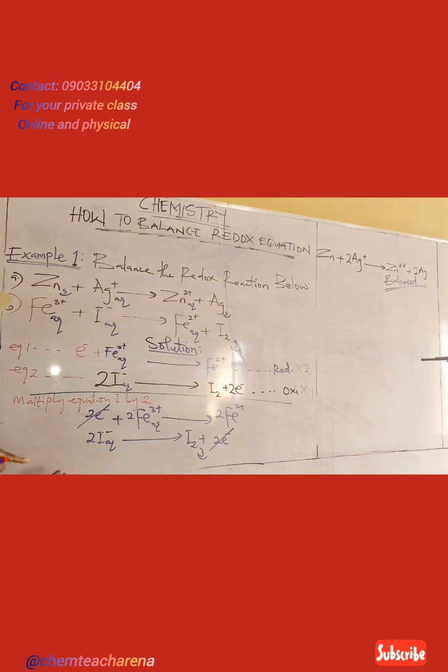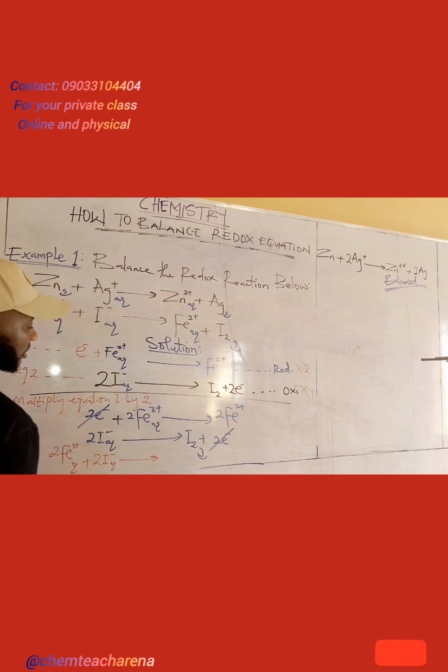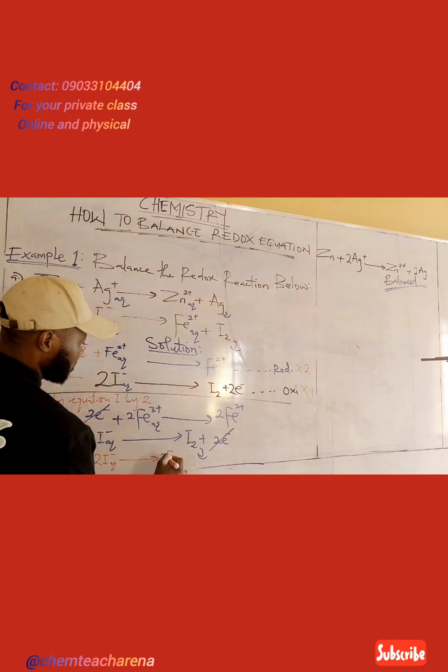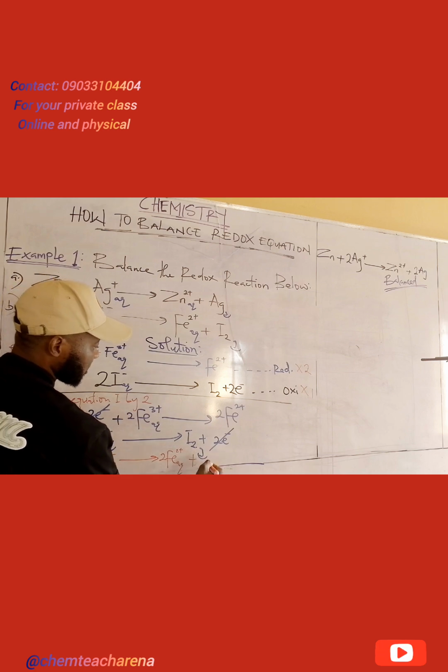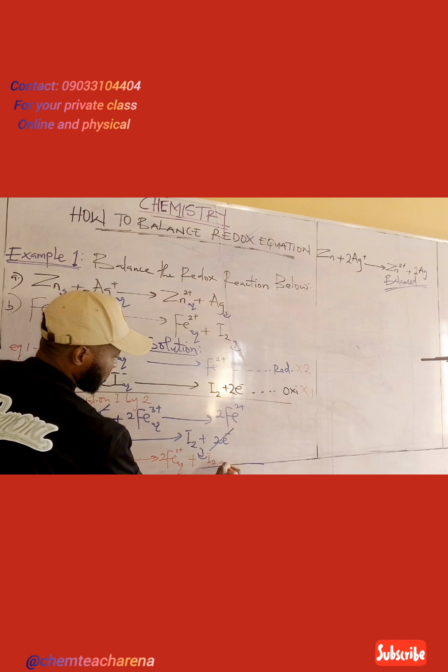We now have 2Fe3+ plus 2I minus giving you 2Fe2+ aqueous plus I2 gas.